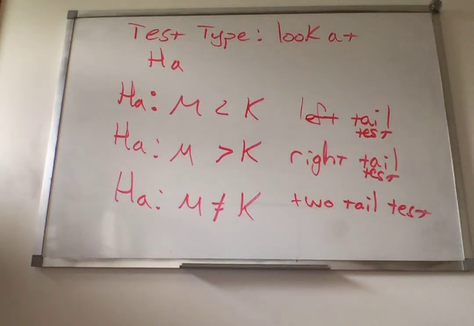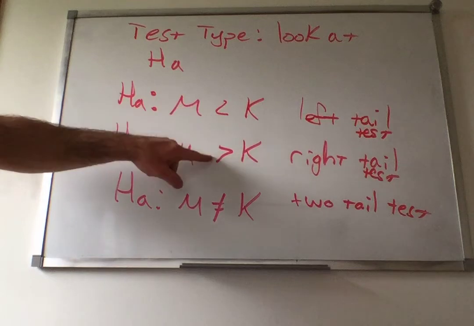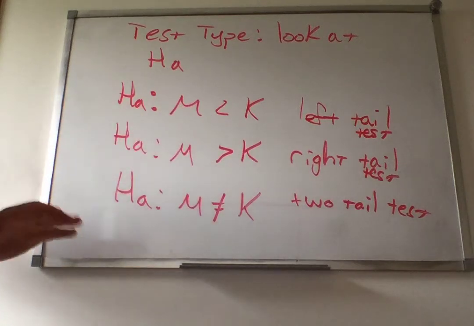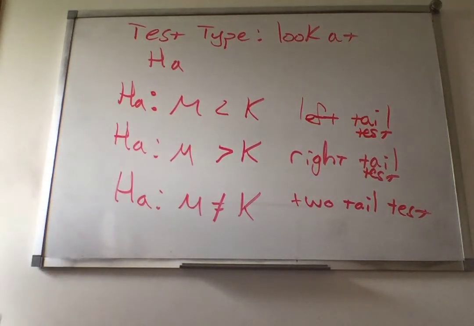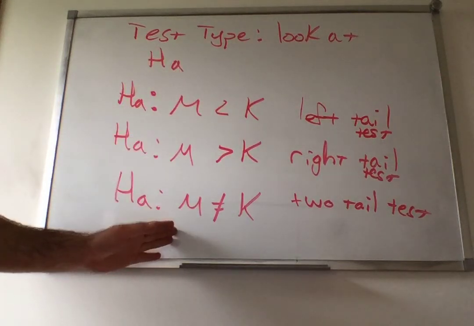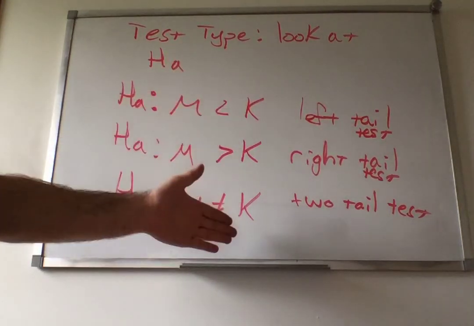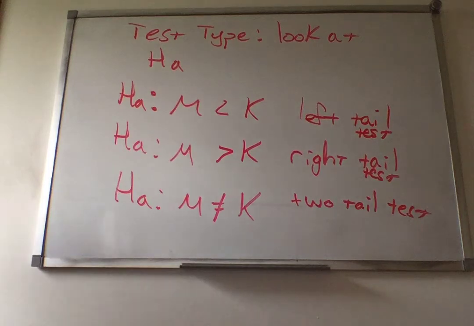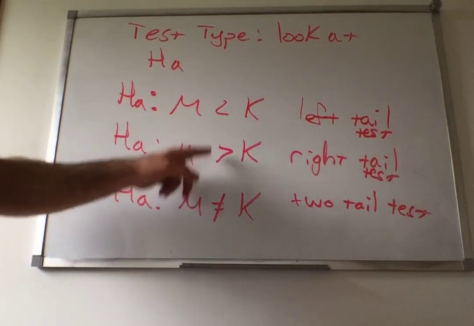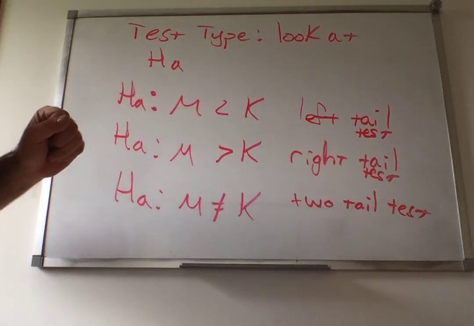Now, how you could remember which is a left tail, right tail, or two-tail test is to look at the inequality signs. If you write this in a standard way, meaning you put the population parameter on the left, and you put the number that is part of the claim, like the 0.9 here, on the right, then when you look at your alternative hypothesis, look at the direction that the inequality sign is pointing.